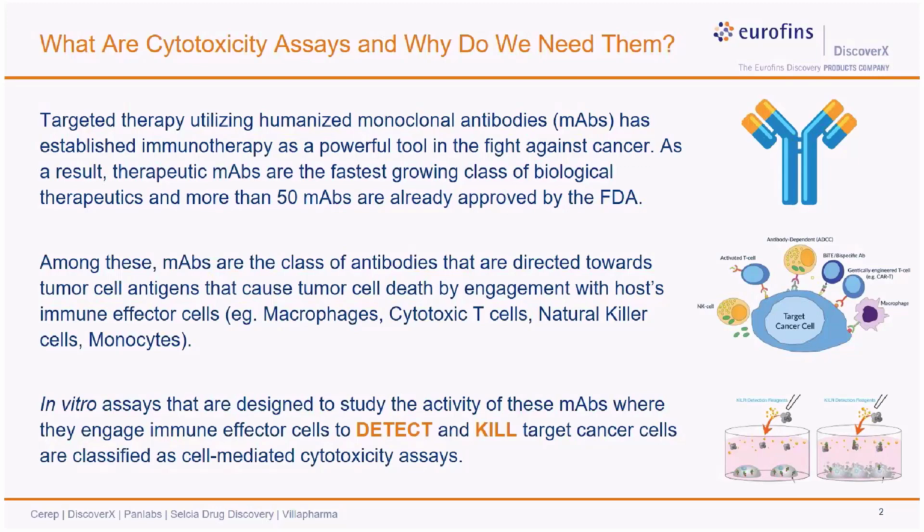But one of the most interesting and effective ways that some antibodies act is by binding to an antigen on the surface of the cancer cells and thereby recruiting the body's own immune effector cells, which then engage and kill the cancer cells. Some of the well-known effector cells belong to both innate and adaptive immune systems, such as macrophages, cytotoxic T cells, natural killer cells, and monocytes, to name a few.